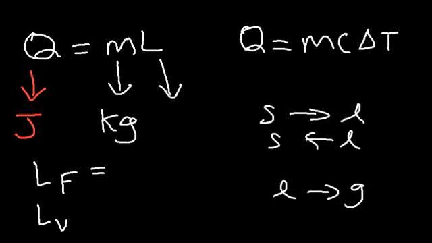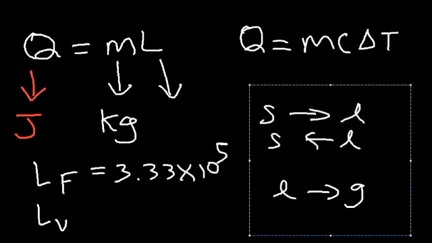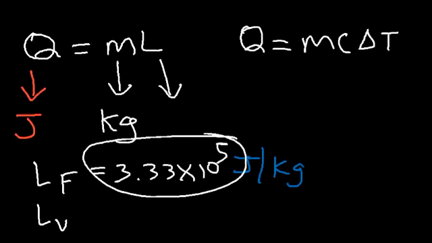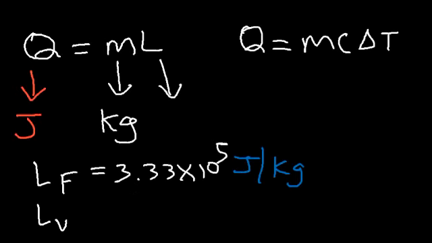In the case of water, it takes 3.33 times 10 to the 5 joules per kilogram to melt ice. So if you have 1 kilogram of water or 1 kilogram of ice, it's going to take 3.33 times 10 to the 5 joules to melt that cube of ice.